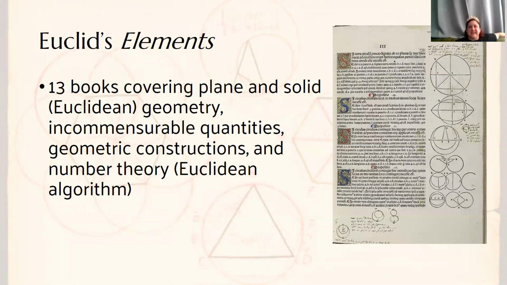So here's what Euclid's Elements covers: plane geometry and solid geometry, so that's 2D and 3D, what we now call Euclidean geometry. It talks about incommensurable quantities, so that's your irrational numbers, things like that. Geometric constructions, like how do you find a line that's tangent to 2 circles at the same time? I've actually had my geometry students do that one from Euclid's Elements. He also talked about number theory.